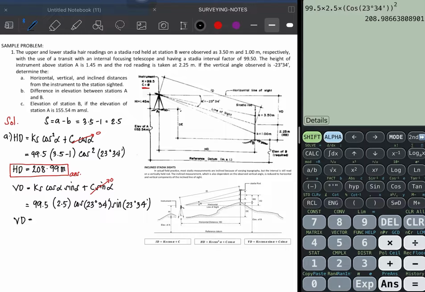Okay, so vertical distance is equal to 99.5 times 2.5 times cosine 23 degrees 34 minutes times sine 23 degrees 34 minutes. That is 91.16 meters. Okay.